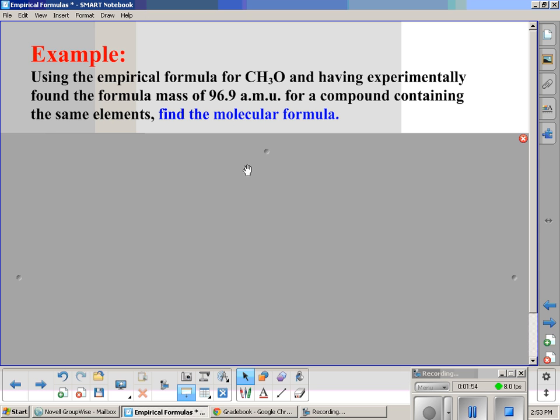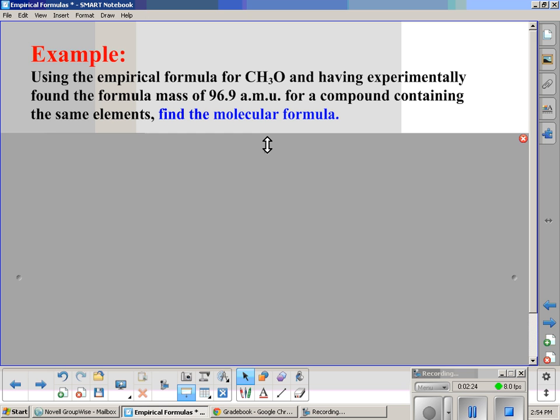So our first example, I've got a nice word problem here. Everybody loves those. This is very typical of what you're going to find in an assignment or quiz. Using the empirical formula CH3O and having experimentally found the formula mass of 96.9 atomic mass units for a compound that has the same elements, carbon, hydrogen, oxygen, you need to find the molecular formula.